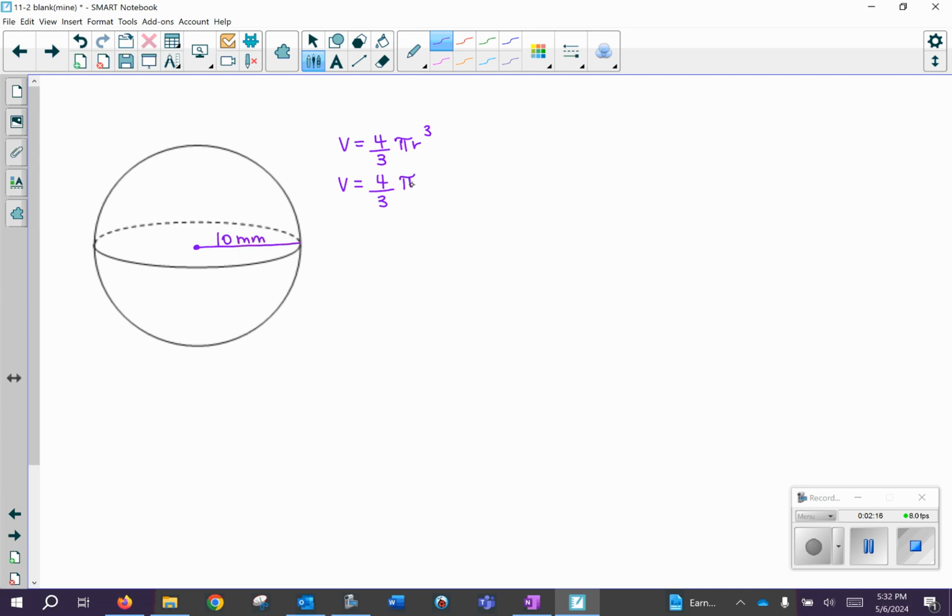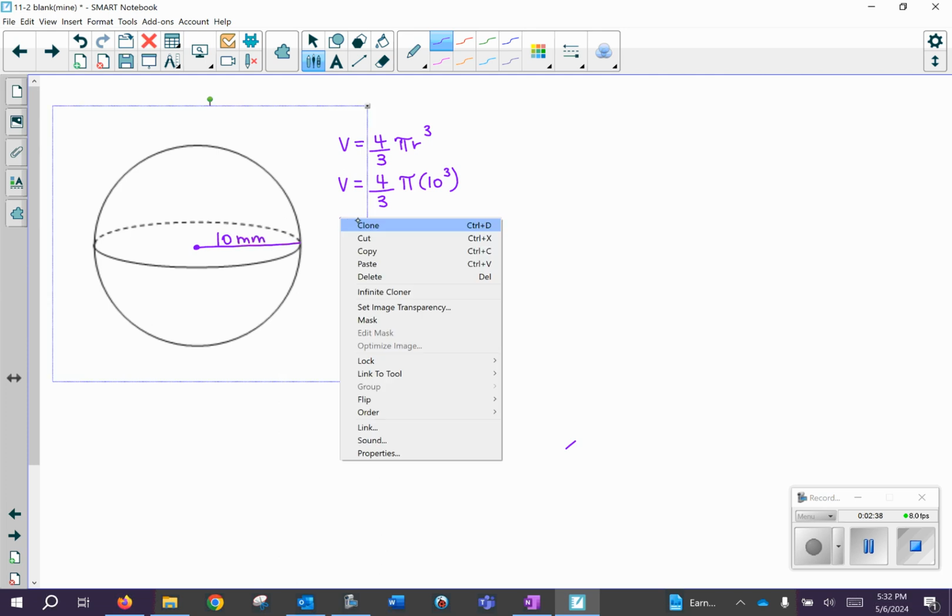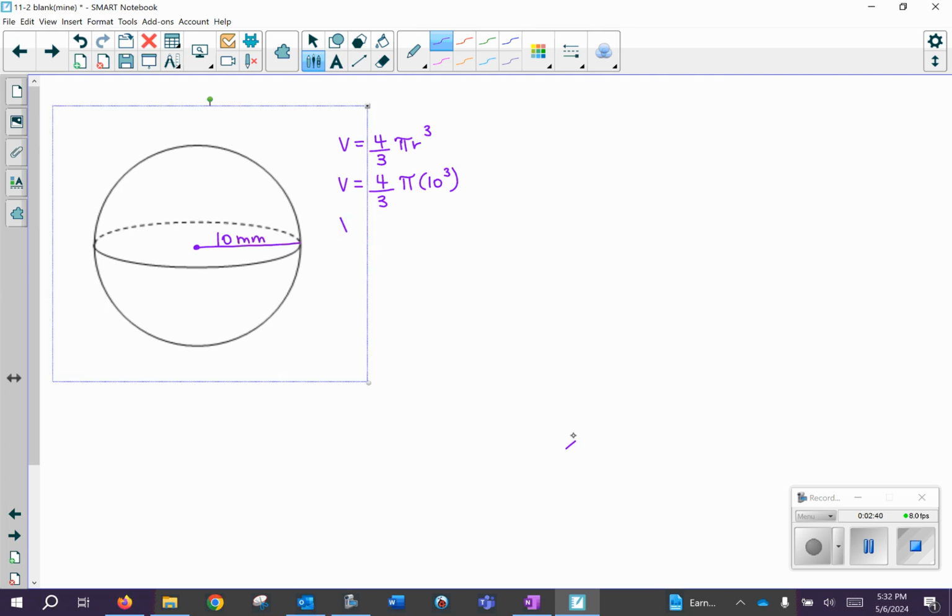So 4/3 pi, radius is 10, and we are cubing that. Order of operations would say do the parentheses in the exponent. So 10 cubed first would be 1,000. Times 4 push equals would be 4,000. Divide by 3 push equals.